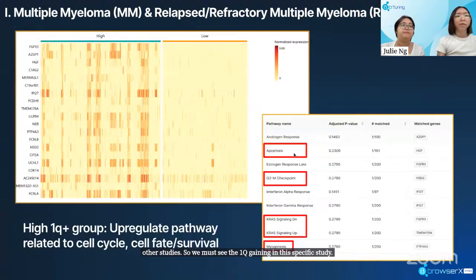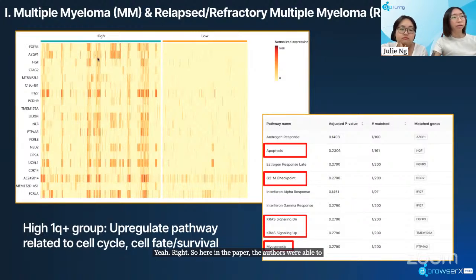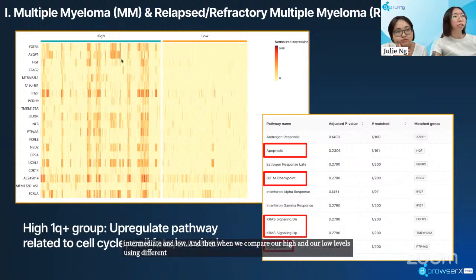Here in the paper, the authors were able to stratify the gain of chromosome 1q into three different levels: high, intermediate, and low. When we compare the high and low levels using differential gene expression analysis, we see upregulation of particular genes in the different groups.